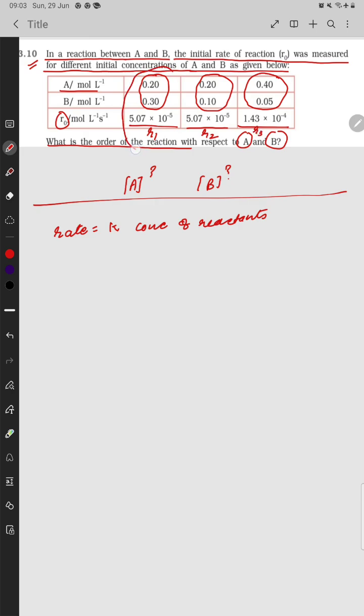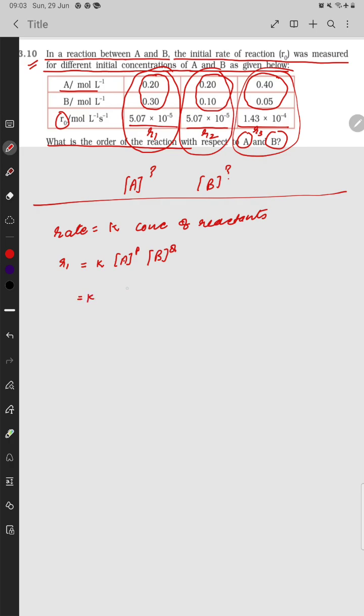Whatever data we use, this is for R1, this is for R2, and this data is for R3, which you need to keep in mind. So we write R1 equal to K, concentration of A to the power, suppose, P, and B to the power Q.